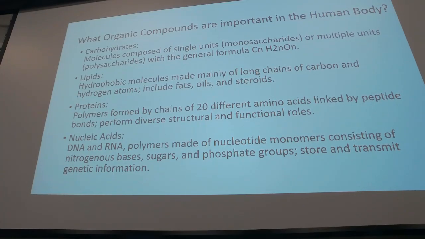And these proteins have diverse functions in our body. Same for DNA and RNA. They are made of monomers that we call nucleotides. And the nucleotides have a nitrogenous base, sugars, and a phosphate group.